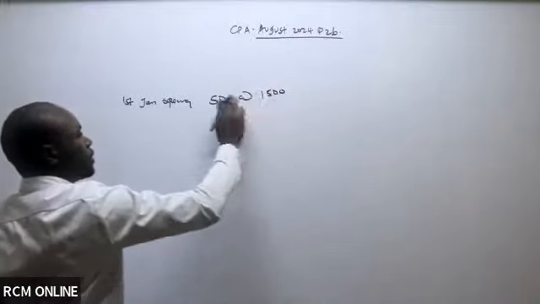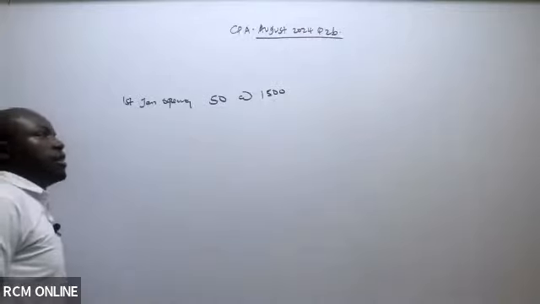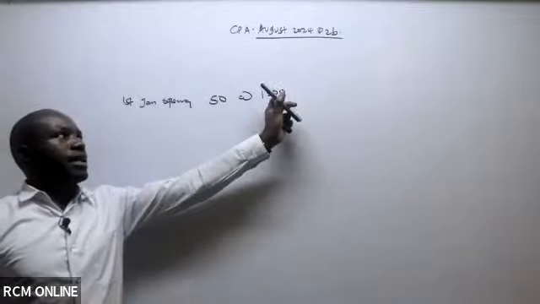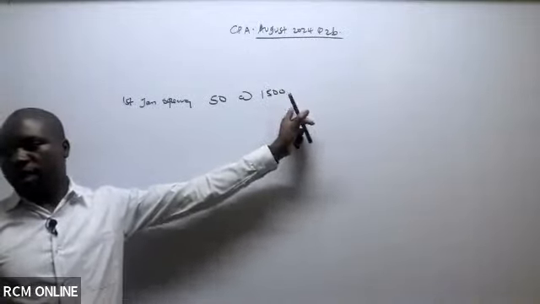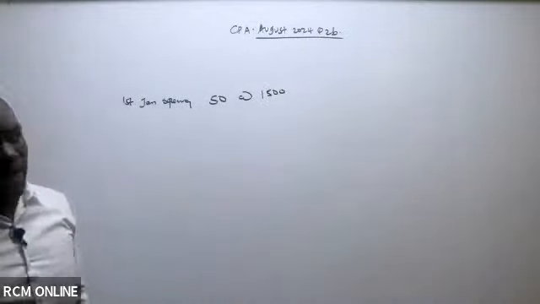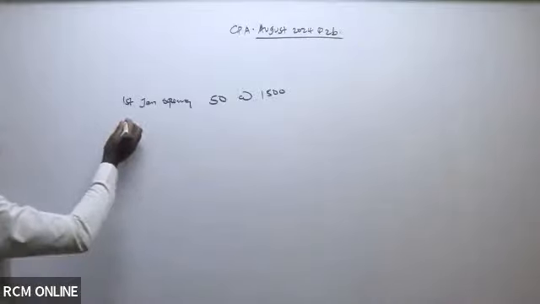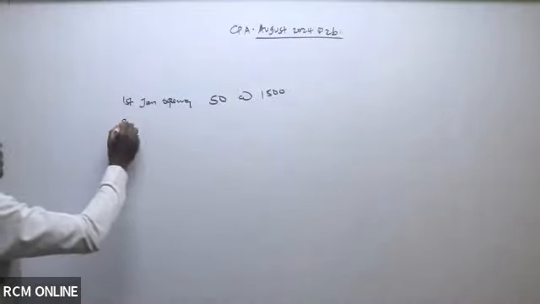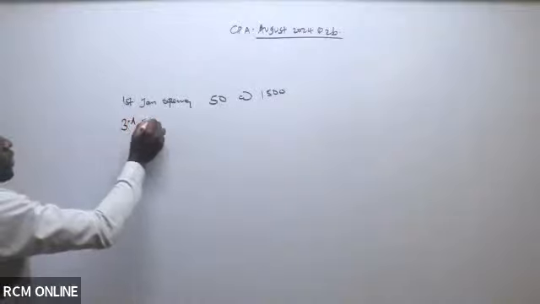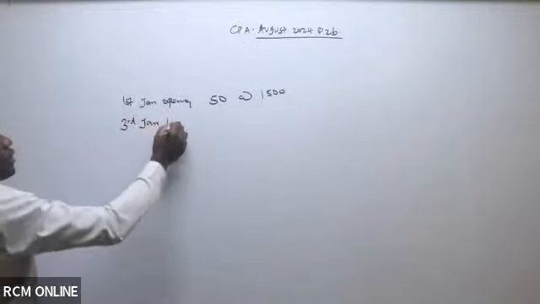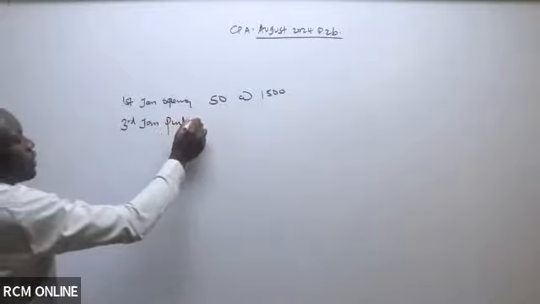So if they have to sell these 50 units, of course, they'll be selling them at a slightly higher price to recover the cost and any other operating expense. Then on 3rd of January this year, they make purchases.